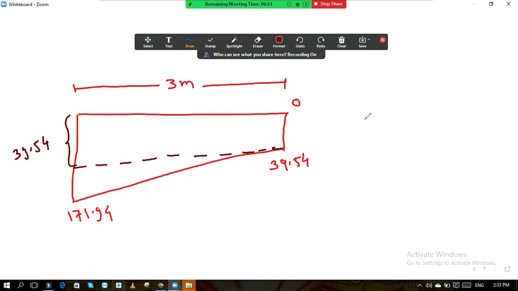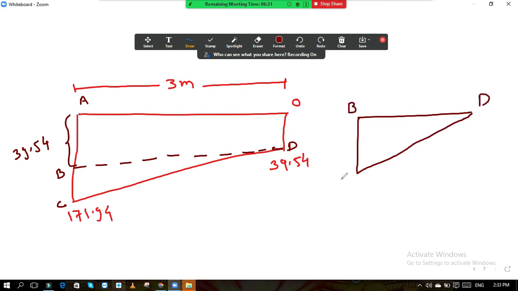Now if I consider this triangle, suppose this is point A, here it is point B, this triangular point is C, and this is point D. So if I consider this triangle now, this is D, here it is B and C, this angle is 90 degree. Okay. So this total is 3 meter, and now what will be this end ordinate? Do the calculation. 171.94 minus 39.54.